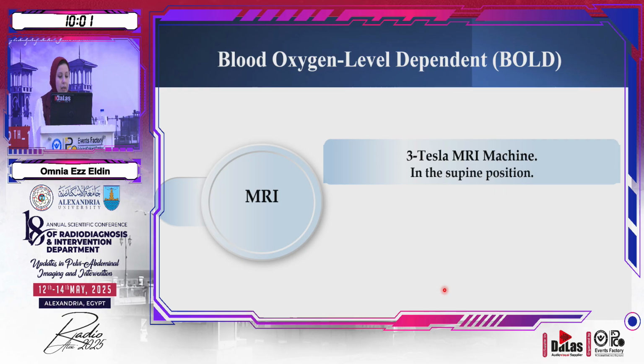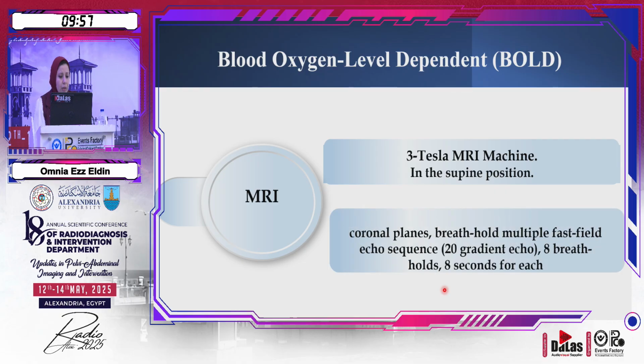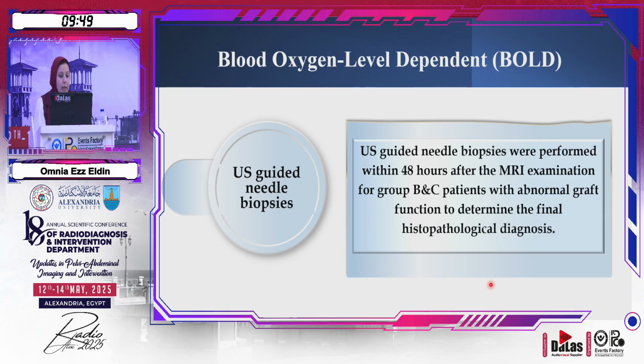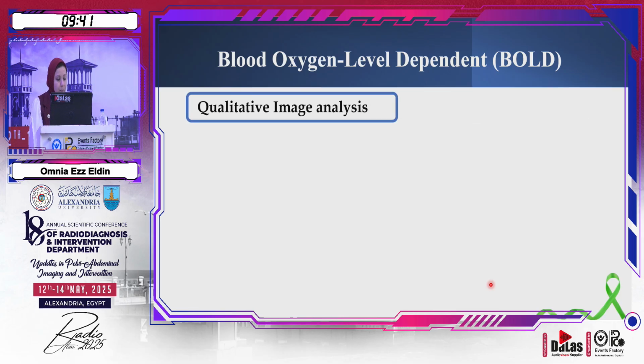This study was conducted on a 3 Tesla machine in coronal planes, using breath-hold multiple fast field echoes. We used 20 gradient echoes, 8 breath holds, 8 seconds for each, and ultrasound-guided needle biopsy. Biopsy was done to determine the final histopathological diagnosis.